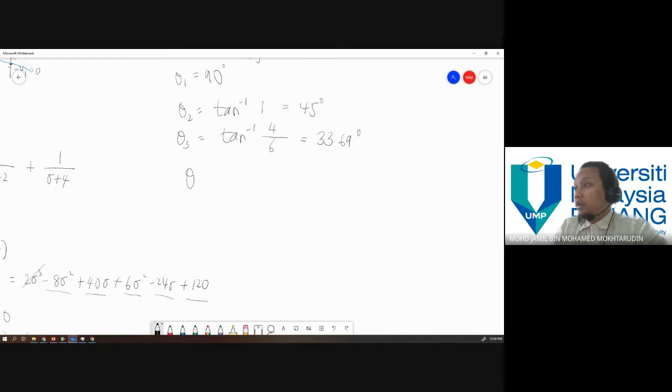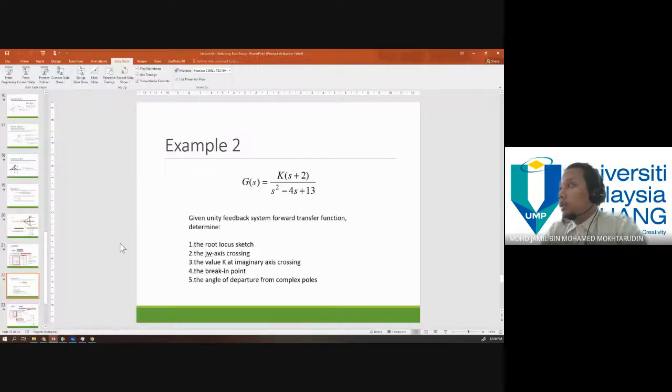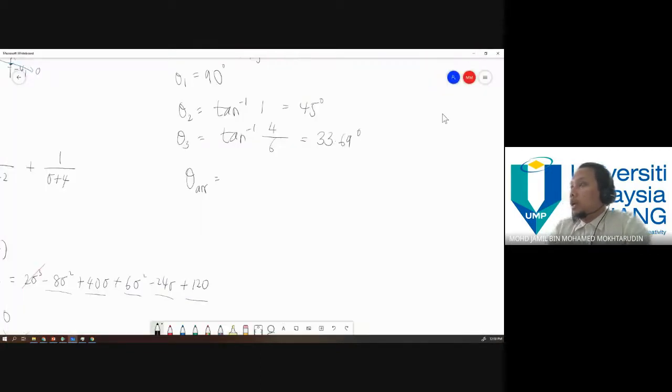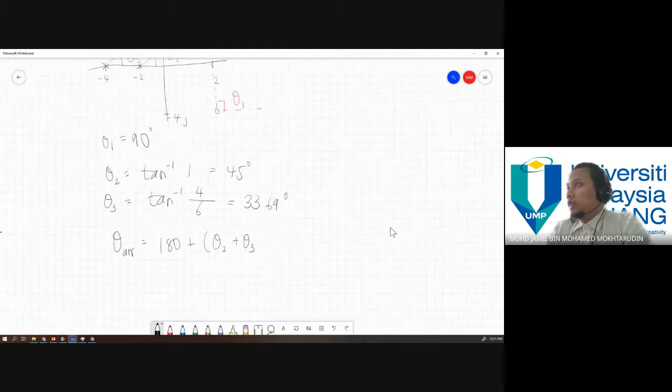And then use the formula. So angle of arrival equals, okay, I don't remember the formula, look at the lecture notes. So 180 plus angle of the first pole, plus angle of the second pole, minus angle of the zero.